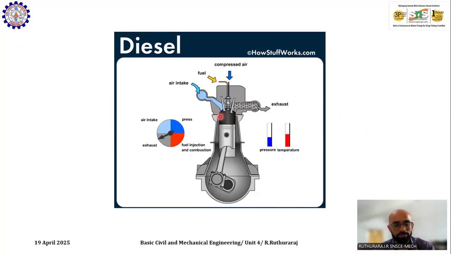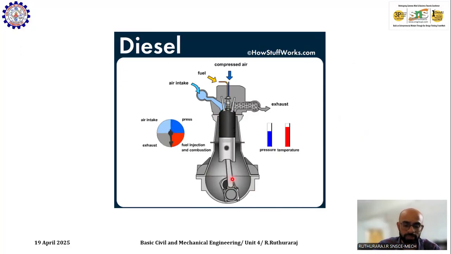So what happens when it burns? Pressure builds up, temperature builds up, and the piston is pushed down. As you see clearly here, when the piston is pushed down, a part starts to rotate. That part is called the crankshaft. The purpose of the crankshaft is to rotate. That rotation is possible because of a connecting rod.